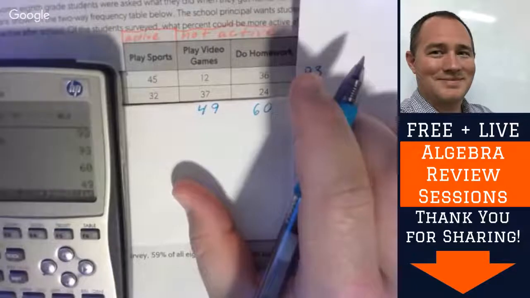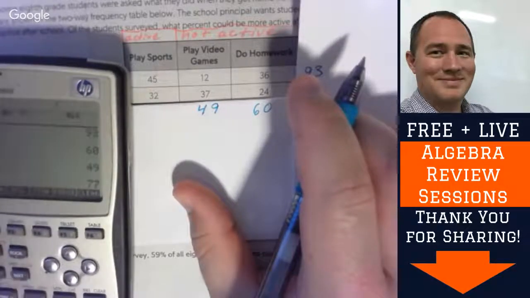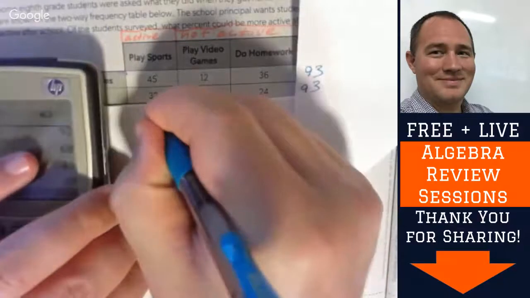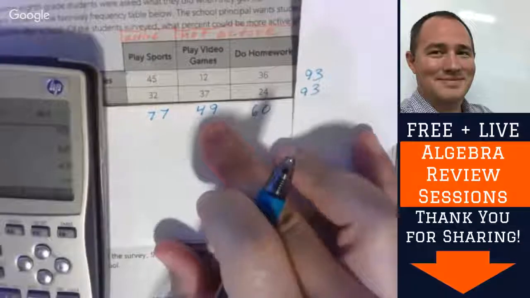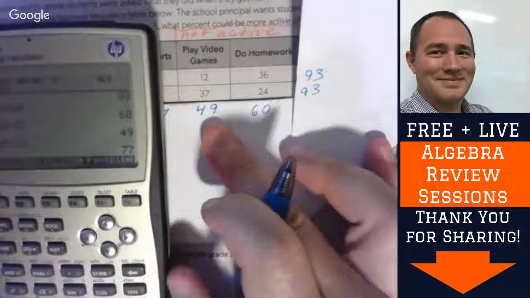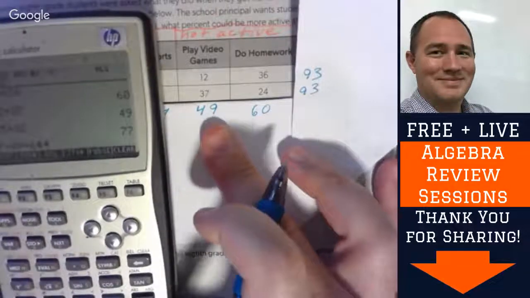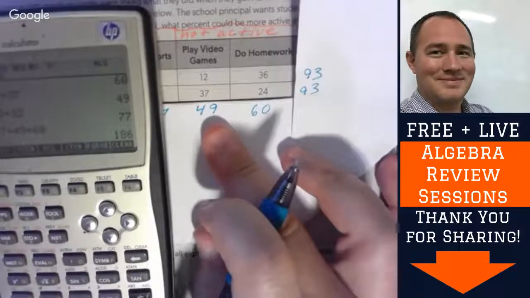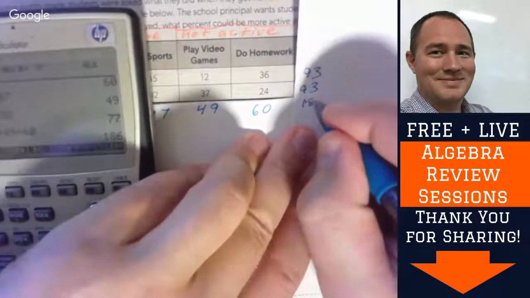And 45 and 32 is 77. So what is the total of 77, 49, and 60? That gives us 186 over here if we were to add horizontally.